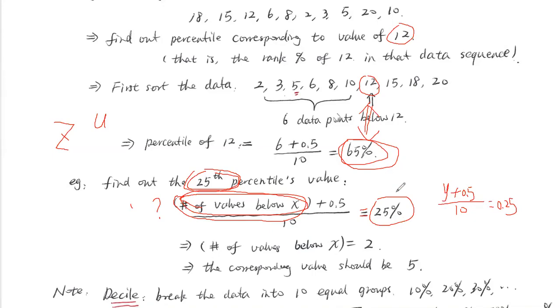Everybody, another way to understand why we prefer to have this 0.5 here, if you think about it this way: for example, you're talking about 20 here, right? So how many data points are below 20? You have a line, right? If you don't have this 0.5 here, you got a line divided by 10, you got 90%.